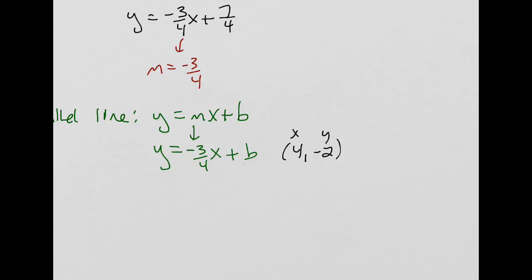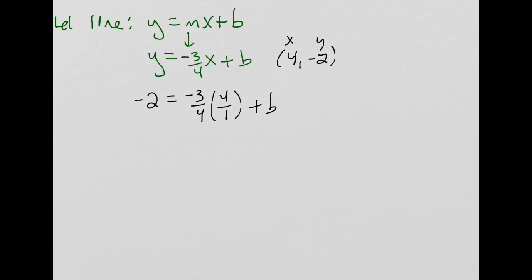So here we go. We've got negative 2 equals negative 3/4 times, and again, since the negative 3/4 is a fraction, when I plug in the 4 for x, I'm going to write it in as a fraction, 4 over 1 plus b. Okay, from there, if we multiply our fractions together, we've got negative 2 equals, and here we're really lucky because you'll notice that I have a common factor of 4 on the top and on the bottom.